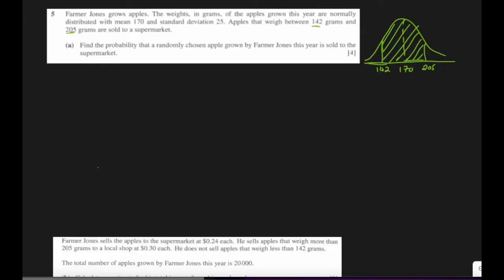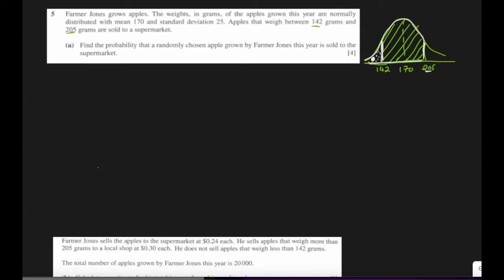So my plan is this: I will find this area below 205 with the help of the normal distribution table, because that table is for less than only. Then I will find the area less than 142, which is this blank part.